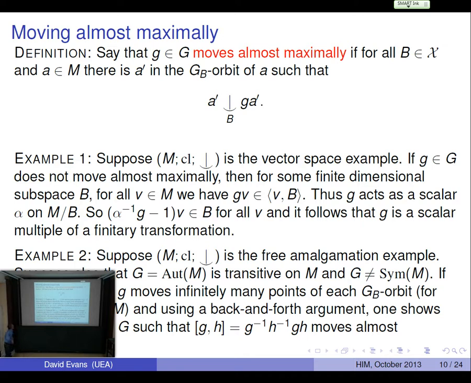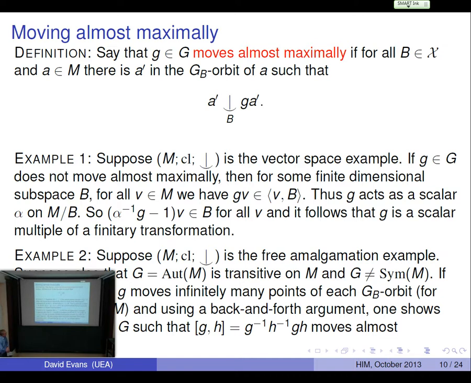Take a non-trivial automorphism g, and then one shows that it moves infinitely many points in each g-orbit over each finite B. And then using a back and forth argument, you can show that there's some other automorphism h such that the commutator of g and h moves almost maximally.